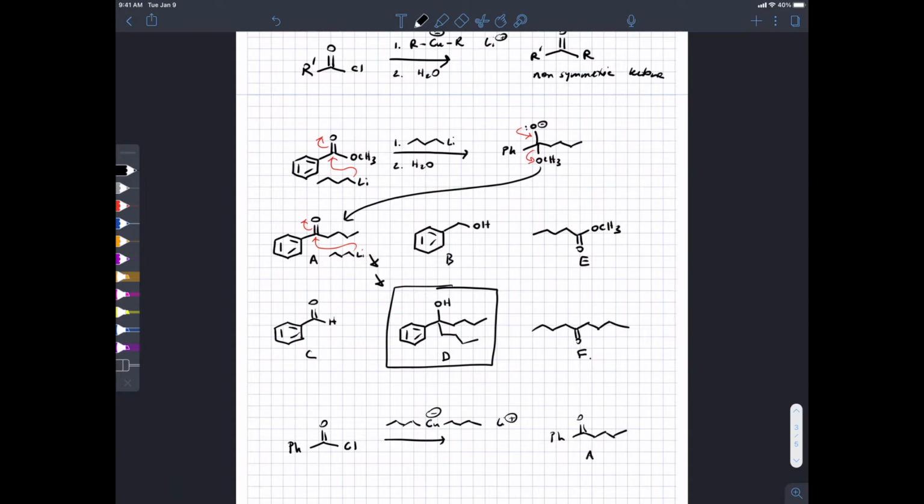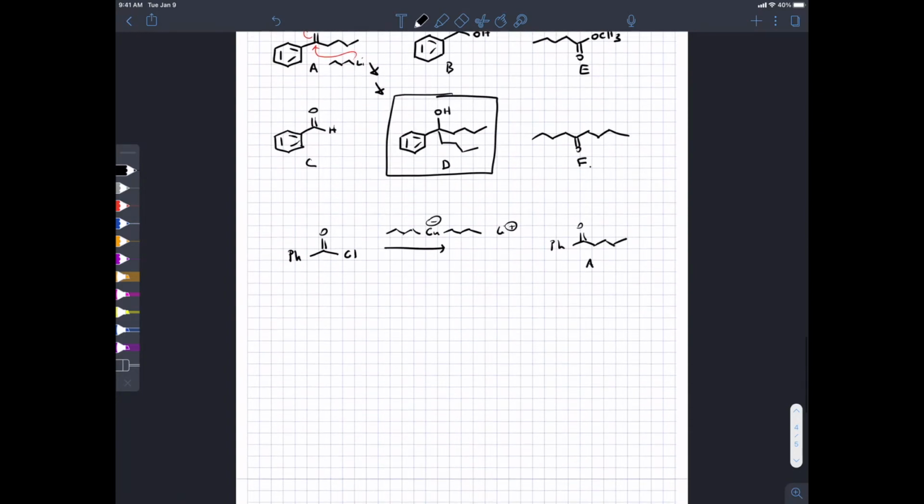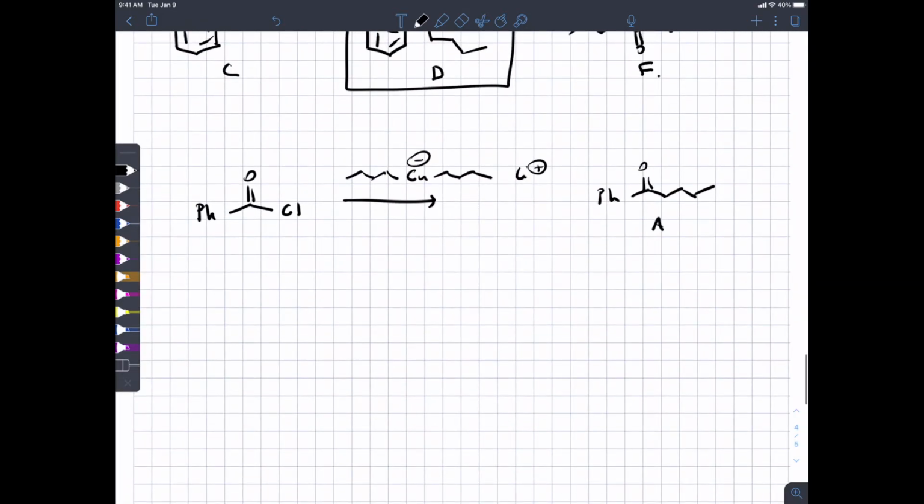That's how to think through these reactions. Yes? Do we need to know the way cuprate attacks is similar to the way we learned it for organolithium, or do we just need to know that it stops after 1? Okay, so you do need to memorize that it stops after 1 addition. In terms of the mechanism, though, you're going to draw it exactly the same way. You take the electrons in the bond between carbon and copper.